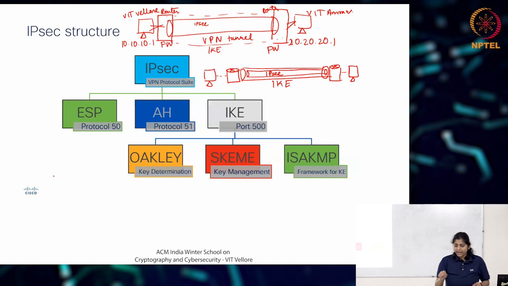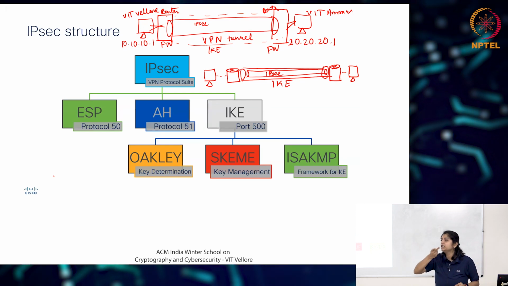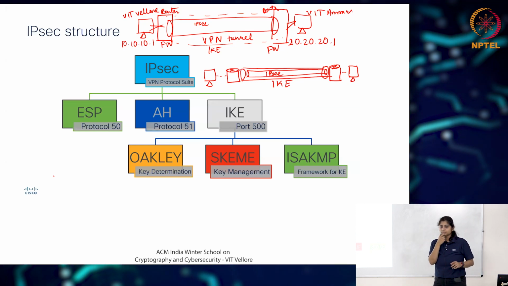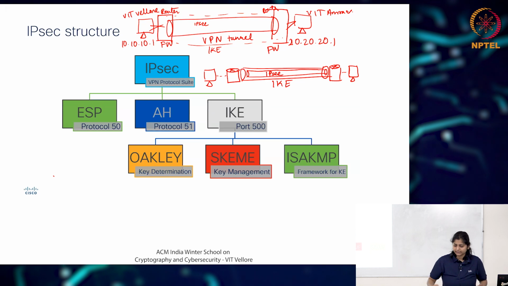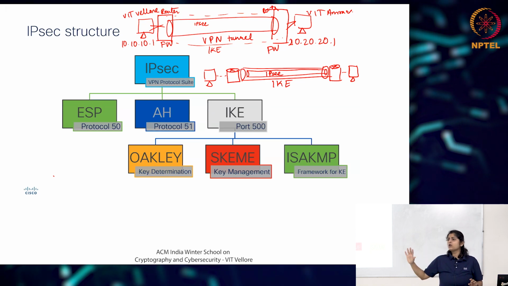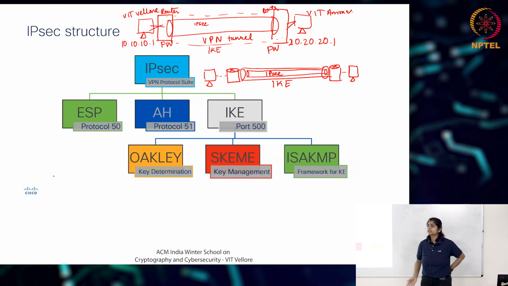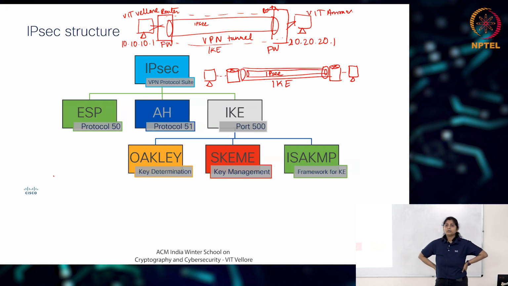Where do you think the encryption and decryption of packets start and stop? From this diagram itself, in a very logical, common-sense way, where do you think encryption starts and where does it stop?